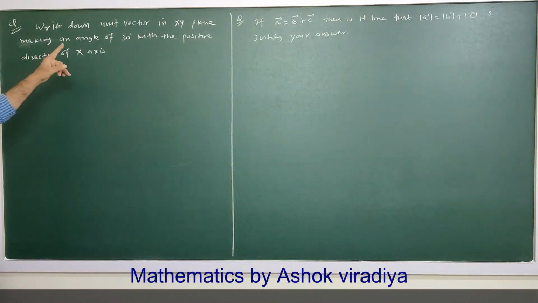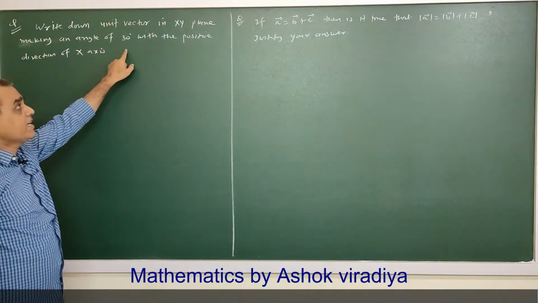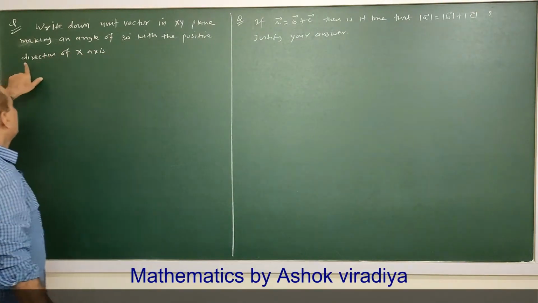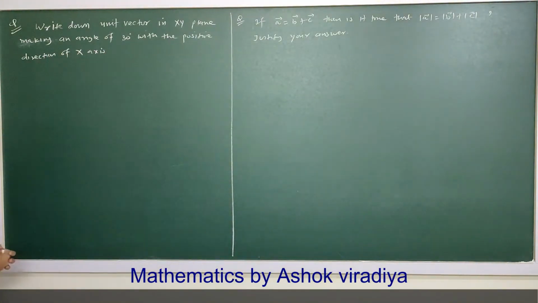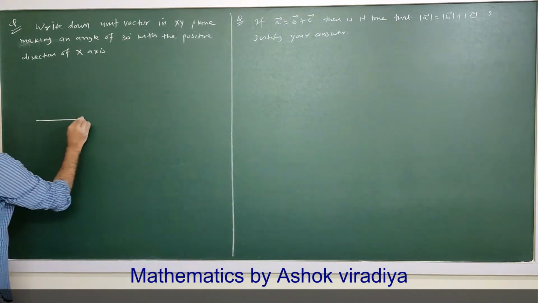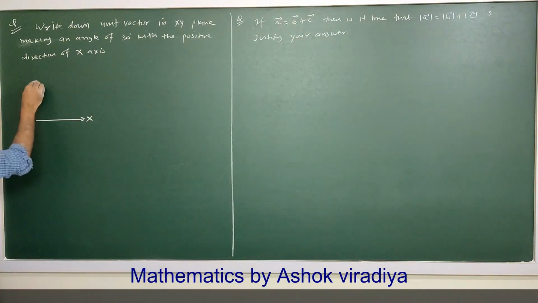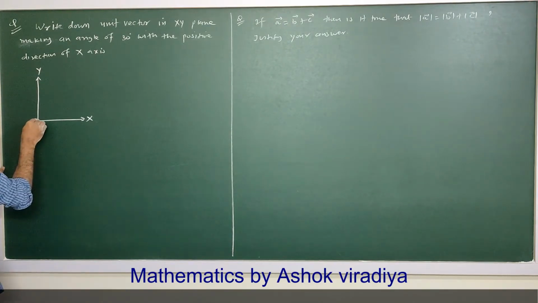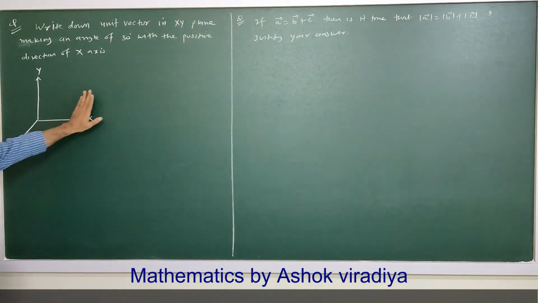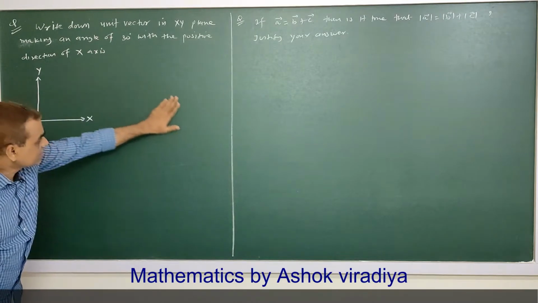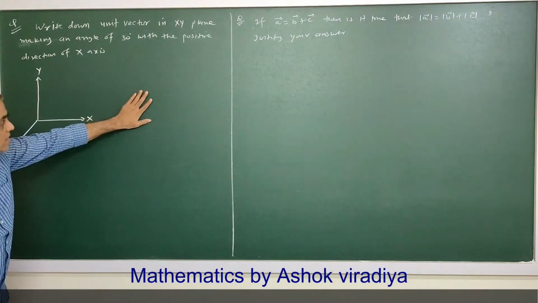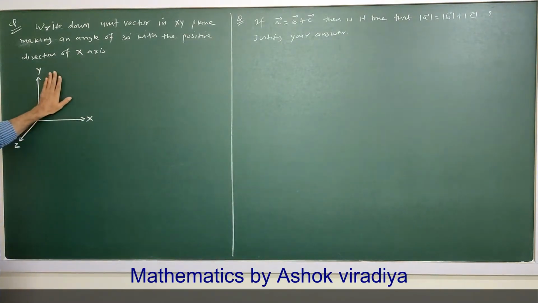Write down a unit vector in xy plane making an angle of 30 degrees with the positive direction of x-axis. Say this is positive x-axis, this is positive y-axis, and this is positive z-axis. So the surface of this green board is suppose the xy plane.